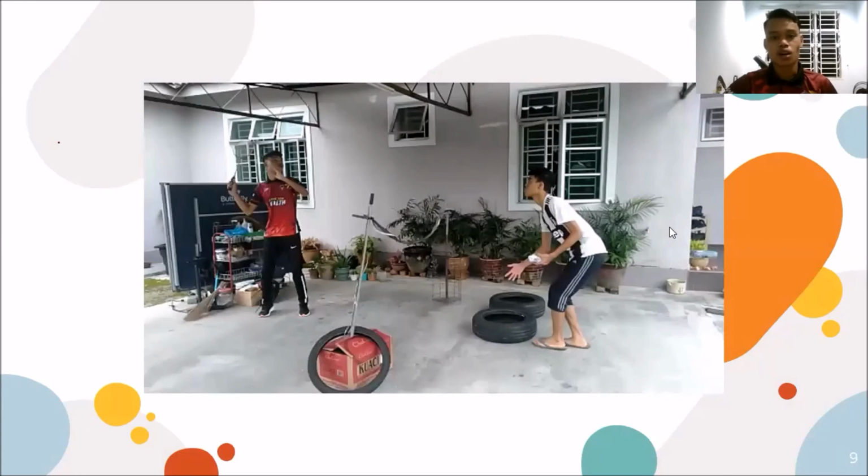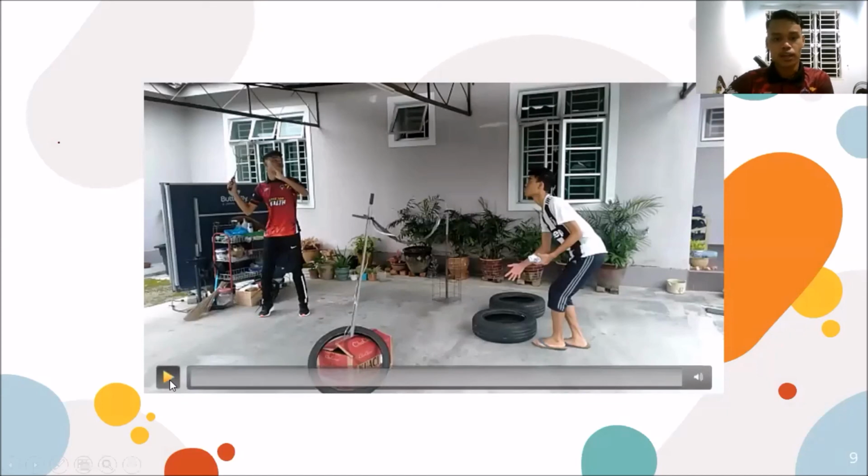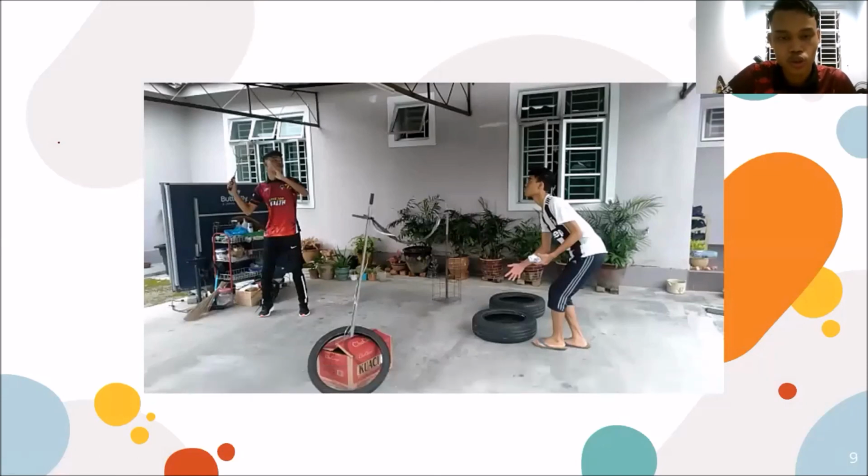Okay, this is how this activity works. I used creativity to make this to explain to you for understanding. The middle is the net, and the tire is the circle that will be the target.